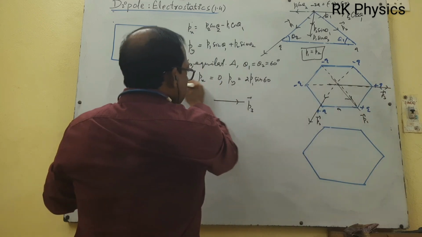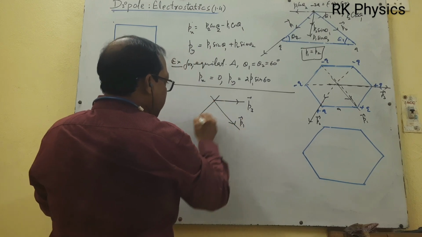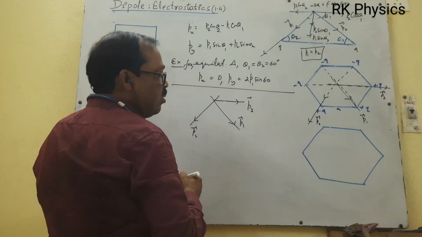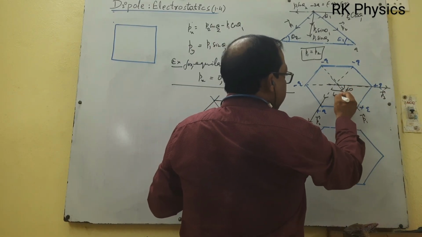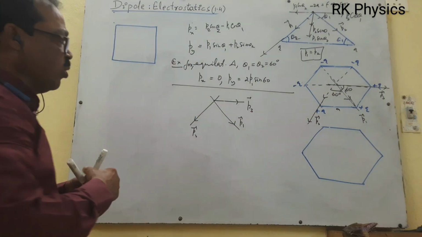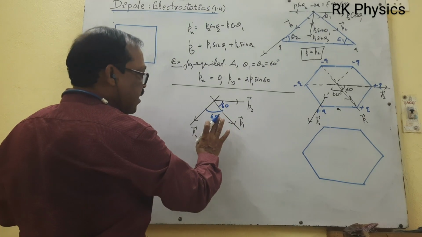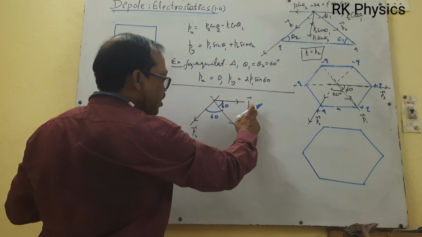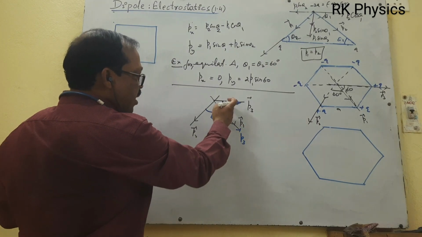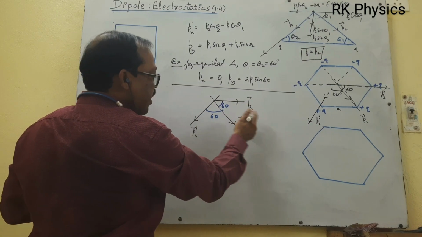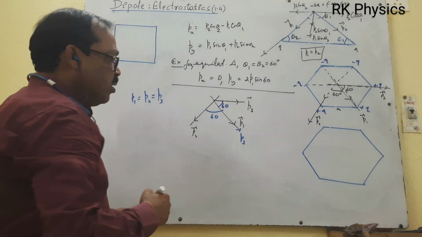Another dipole is p2 or p1. Mark p1, p2, p3. Now these angles are 60 and 60 degrees because it is a regular hexagon. So this is 60, this is your 60. If this is the case, then the resultant of p2 and p3 is again equal to p3 or p2 in magnitude, because the magnitudes of p1, p2 and p3 are the same.